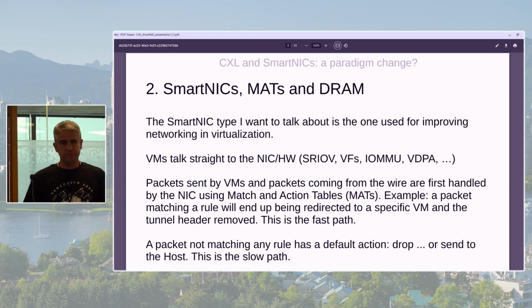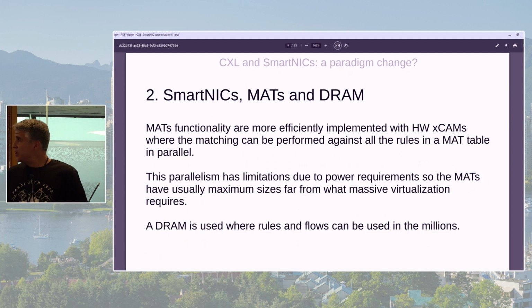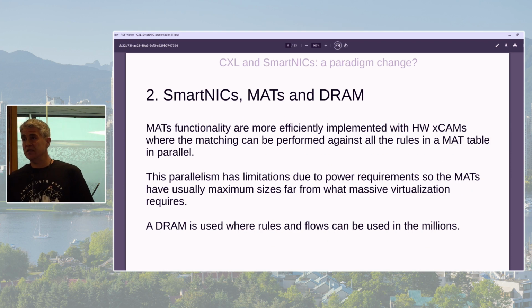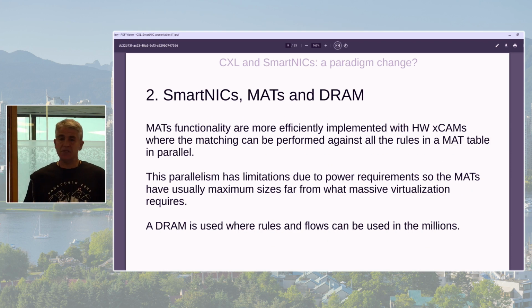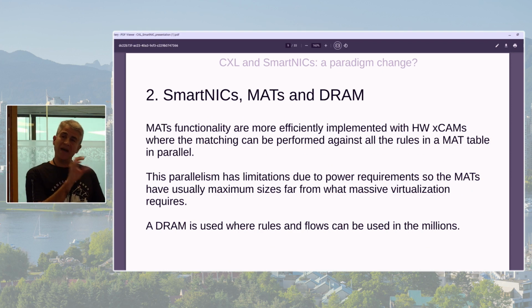And so the way of implementing these match and action tables in hardware is through CAMs, BCAMs, TCAMs, okay? Because you can match a lot of rules in parallel.